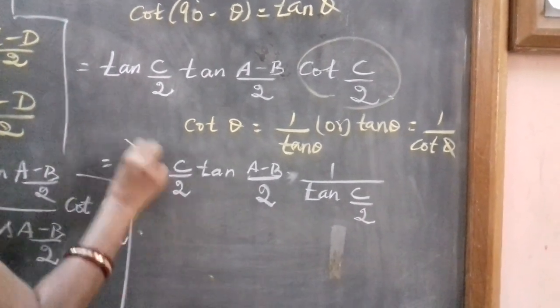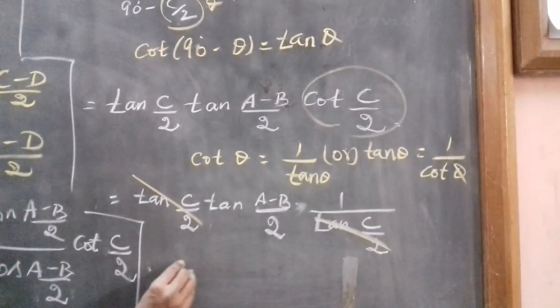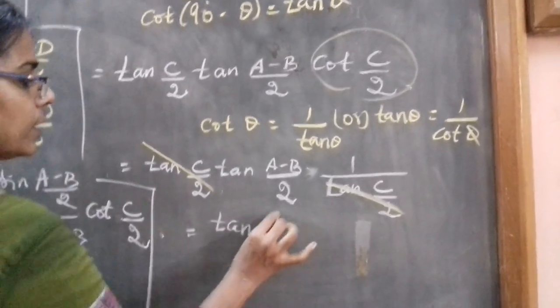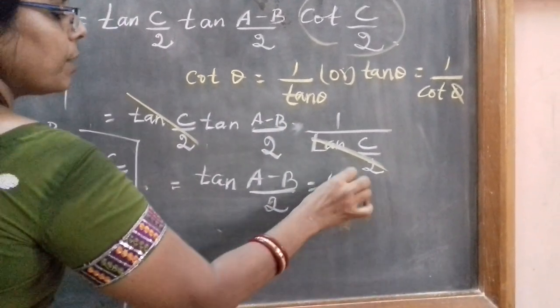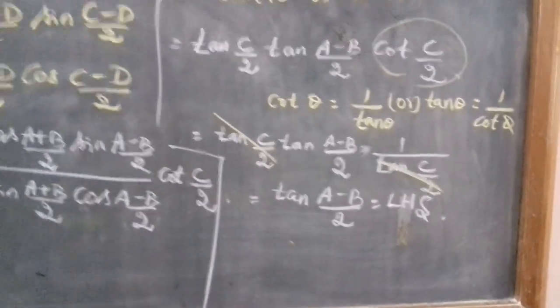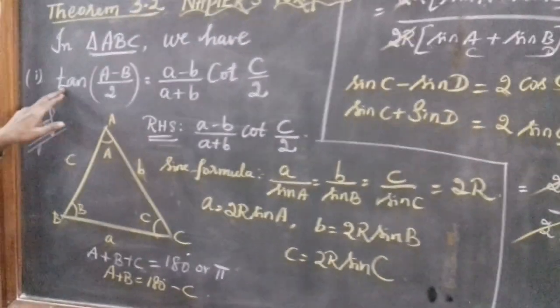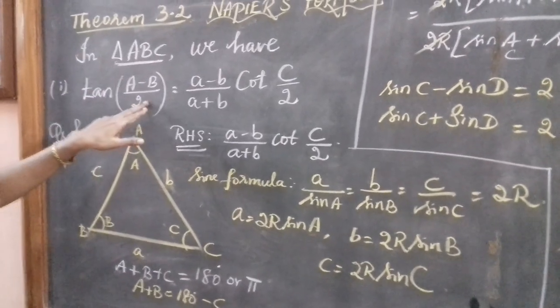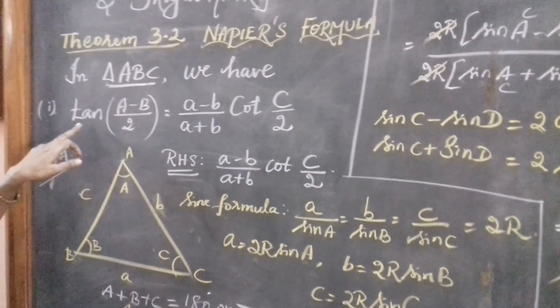So tan C by 2 and tan C by 2 get cancelled. So we have tan of (A minus B)/2, which is nothing but the left hand side. See? We started from the right hand side and we got the left hand side, tan of (A minus B)/2. Similarly, you can prove the other two results.